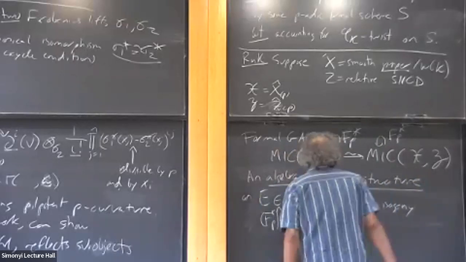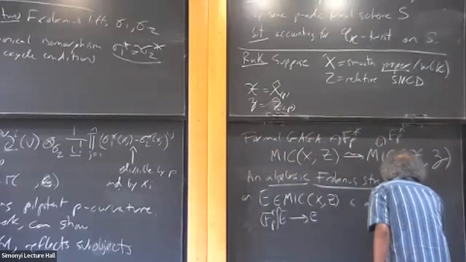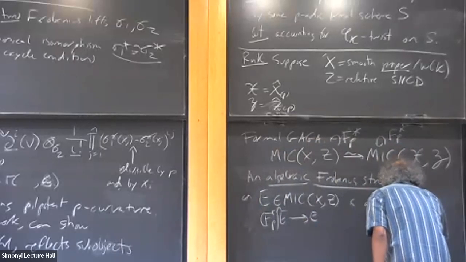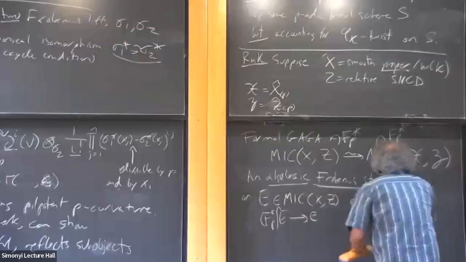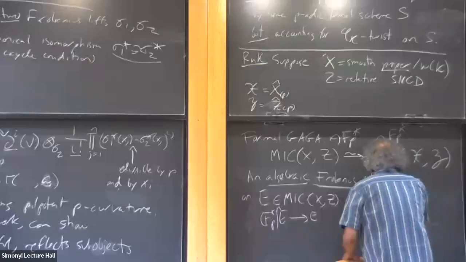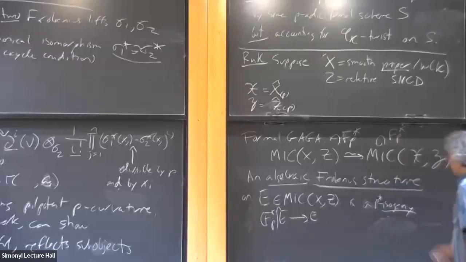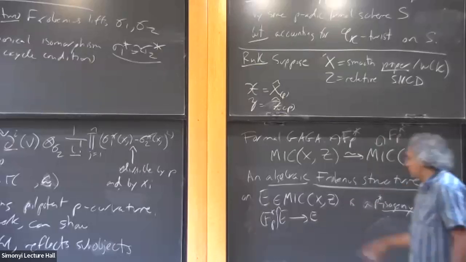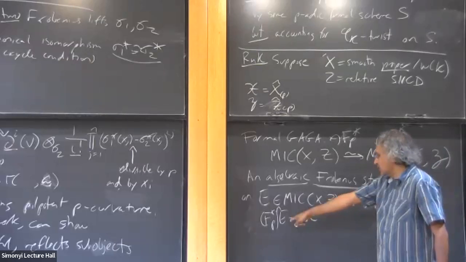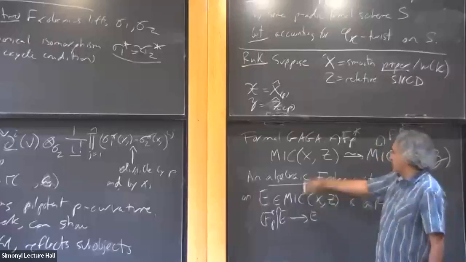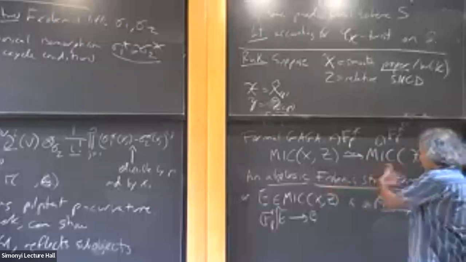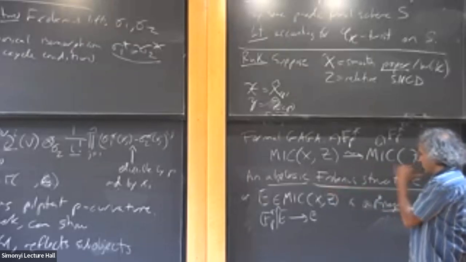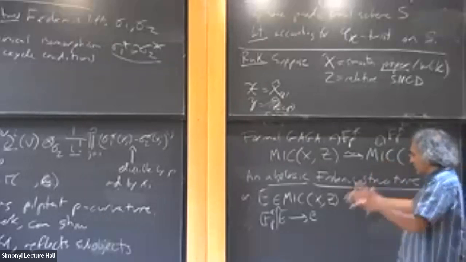So isogeny meaning the kernel and cokernel are killed by some power of p. A p-isogeny. The point is that in general it won't be an isomorphism, because I'm working with integral structures. Classically, Frobenius structures that you see coming from geometry don't act integrally.